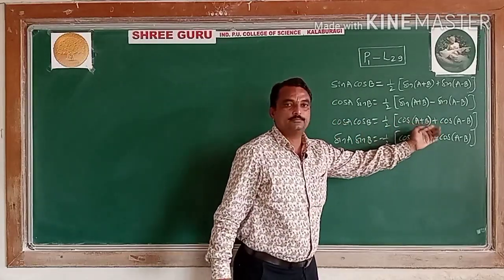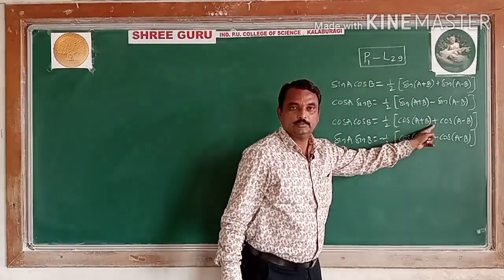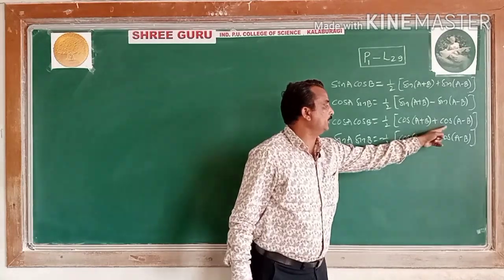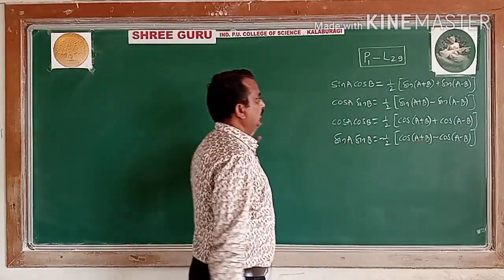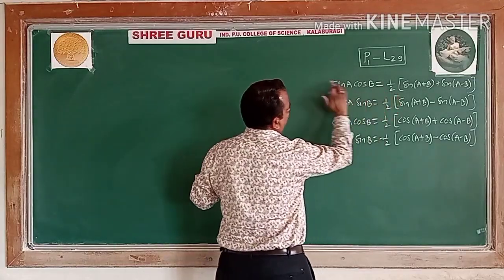Cos into cos, sum of cos, A plus B, A minus B. Sin into sin, difference. So these formulas only we are transformed here.